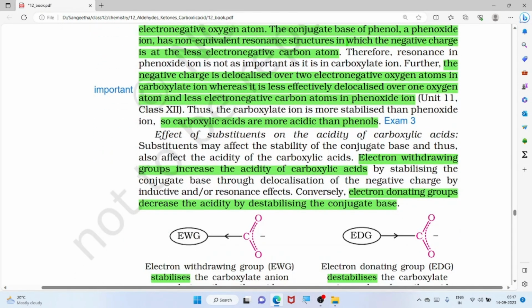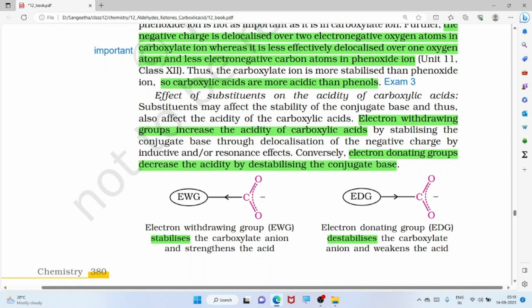The negative charge is delocalized over two electronegative oxygen atoms in the carboxylate ion, whereas it is less effectively delocalized over one oxygen atom and carbon atoms in the phenoxide ion. So carboxylic acid is more acidic and more stable than phenoxide.